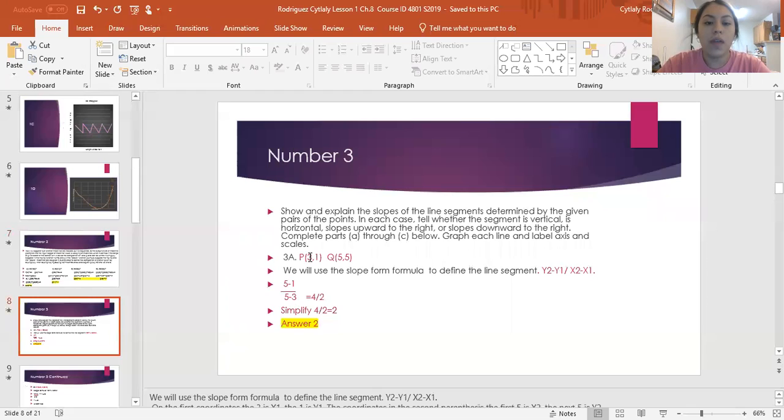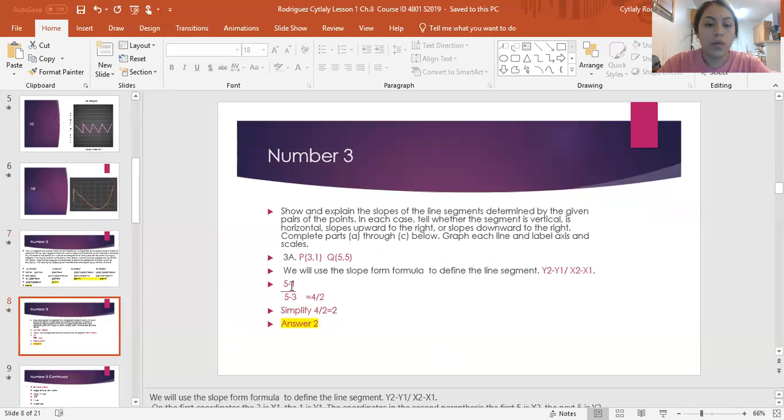So we have to know that on our coordinates of P, 3 is x1 and 1 is y1. x2 is 5, the first 5, and the second 5 is y2.